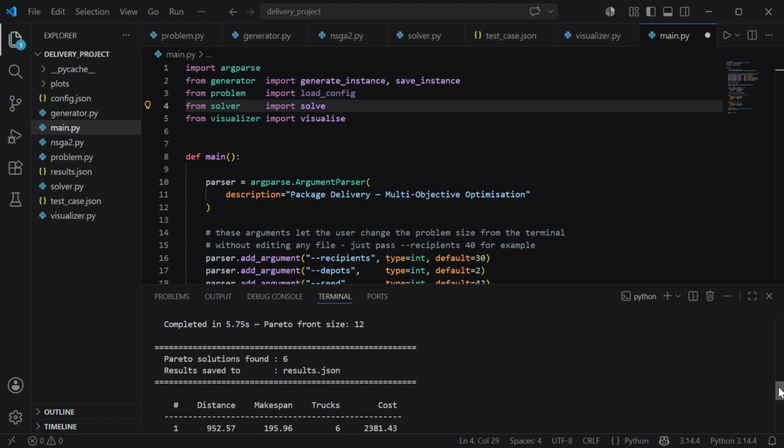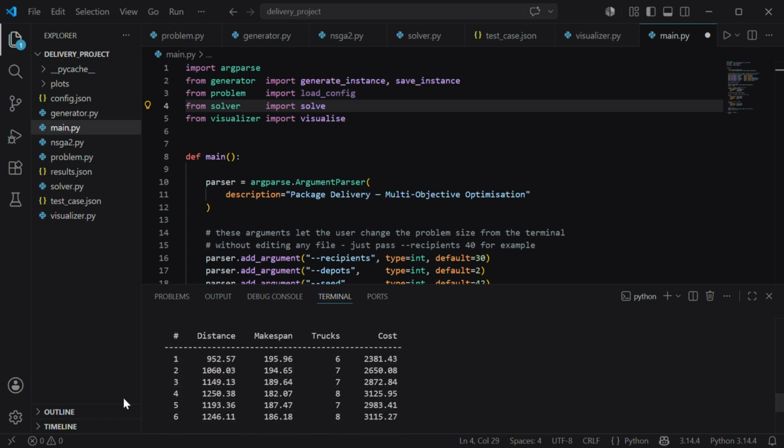Shortest distance is 952. It uses a maximum of 6 trucks, a makespan of 195, and the cost is 2,381. Now look at solution 2.